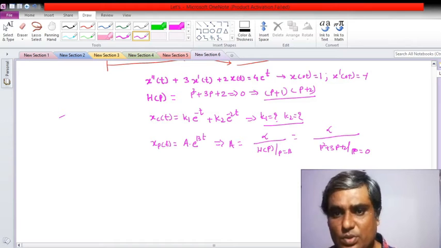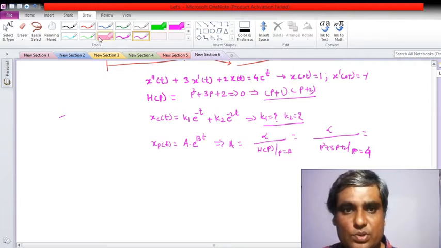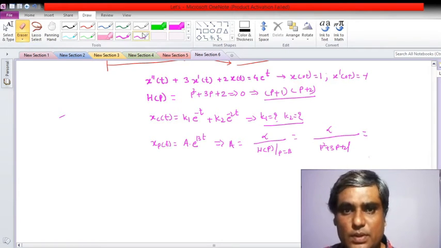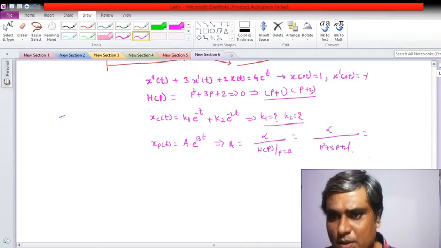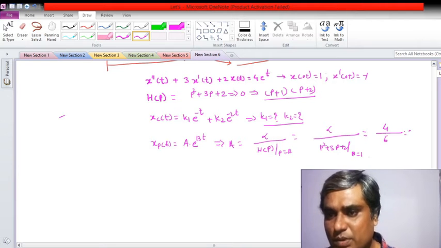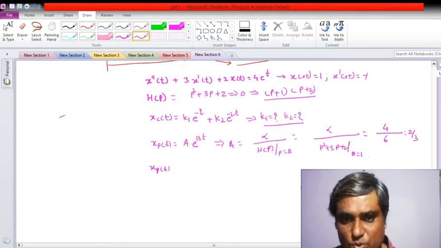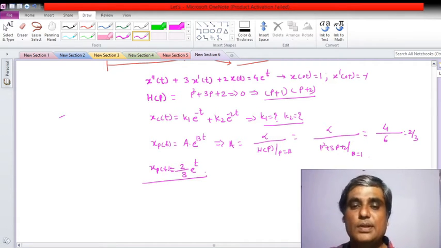Beta is 1, sorry, and alpha is 4, so 1 plus 3 plus 2 is 6, so it will be 4 by 6, which is 2 by 3. So the value of A is 2 by 3. So your particular solution will be 2 by 3 into e raised to t.